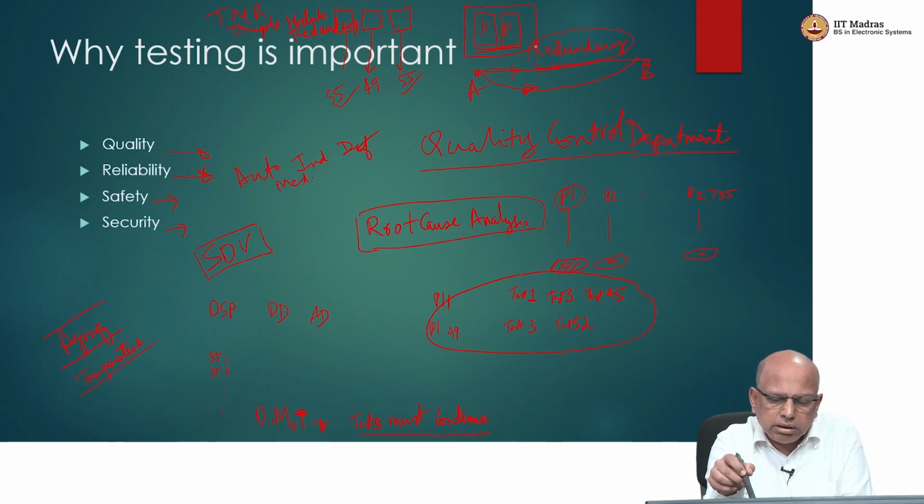So, in this system which I showed earlier, there are 2 processors. Now, when they produce results, each of them could be testing the other, to verify whether the other one is doing the right thing or not.